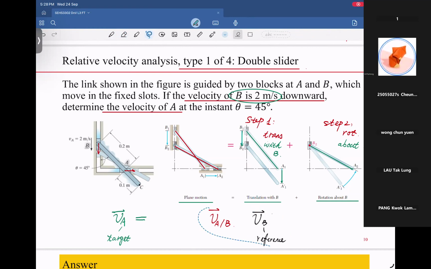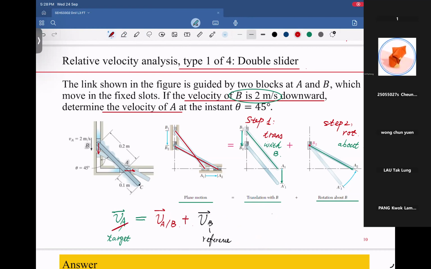So V_A, taking A as the absolute motion, equals V_A absolutely. But here we have a reference, taking B as the reference.